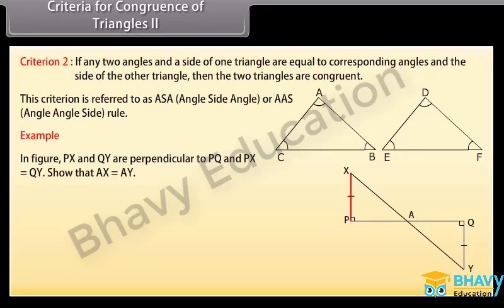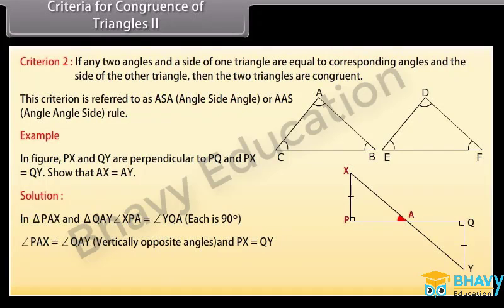In figure, PX and QY are perpendicular to PQ and PX is equal to QY. Show that AX is equal to AY. Solution. In triangle PAX and triangle QAY, angle XPA is equal to angle YQA because each is 90 degrees.